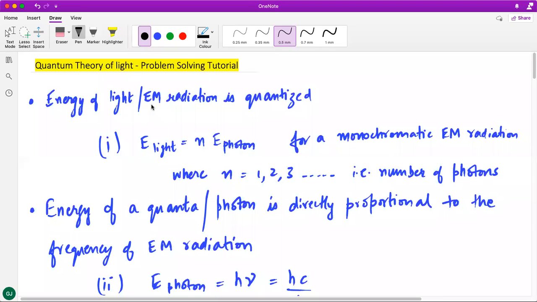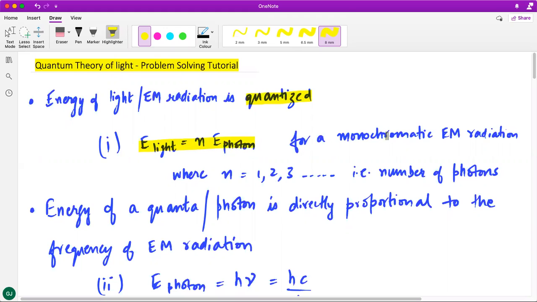So as a quick recap of the concepts that we studied, the first concept that we understood in the quantum theory of light was that electromagnetic radiation is quantized, and how we understand it mathematically is that energy of light is made up of small discrete units called quanta or photons, right?